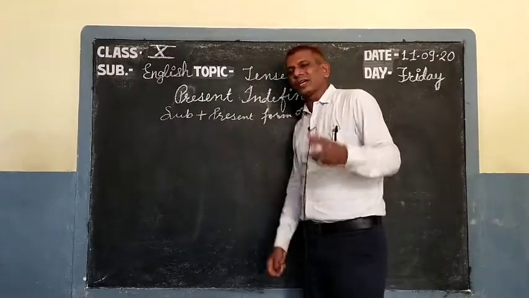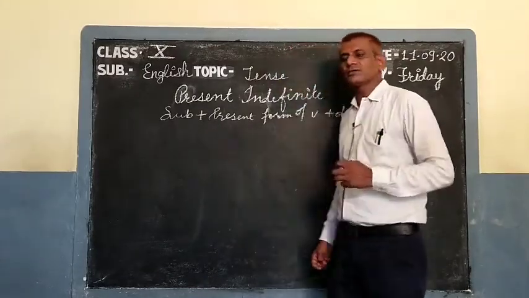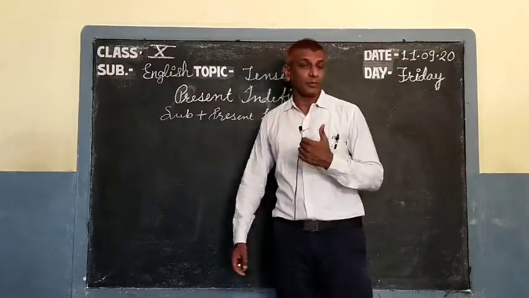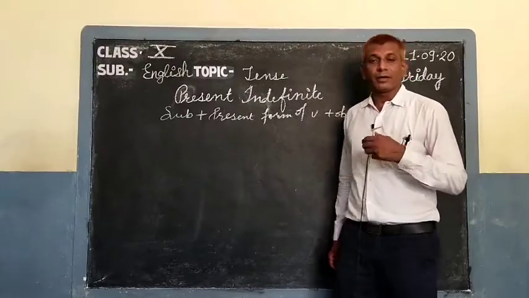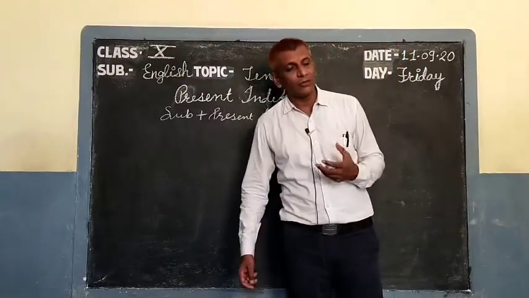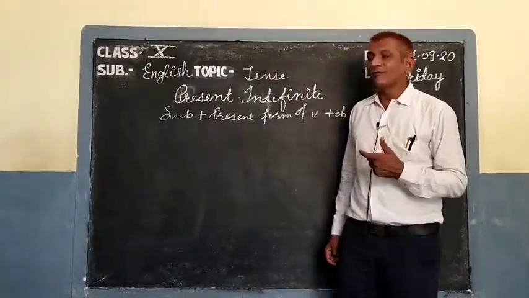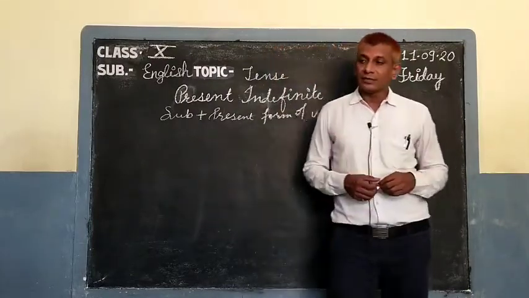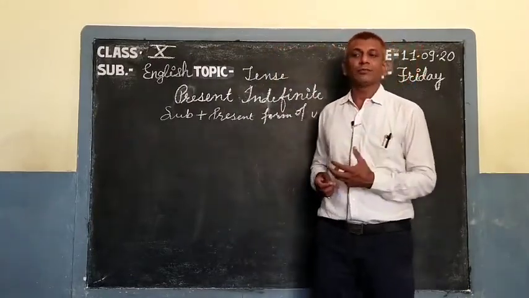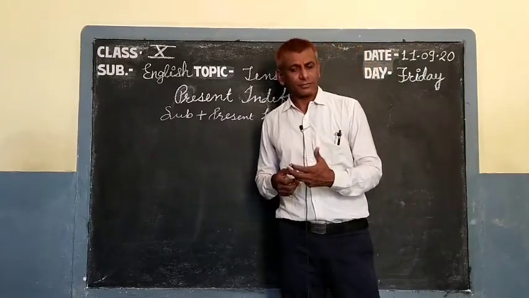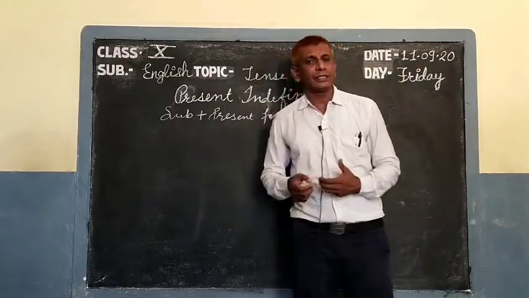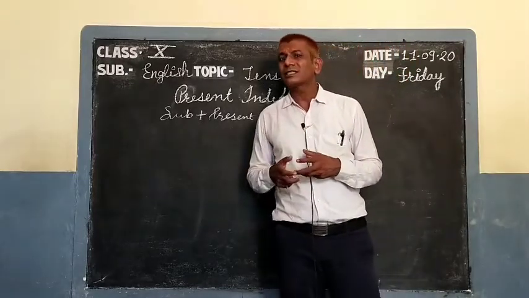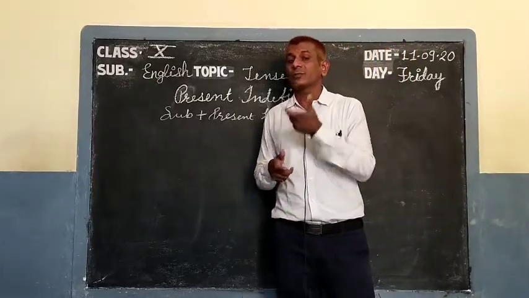In the meantime, recall the words I told you for identifying present indefinite: usually, seldom, always, sometimes, ever, never, hardly, rarely, and every day, every month, every year, today and tonight. All these words tell you that the sentence is present indefinite.